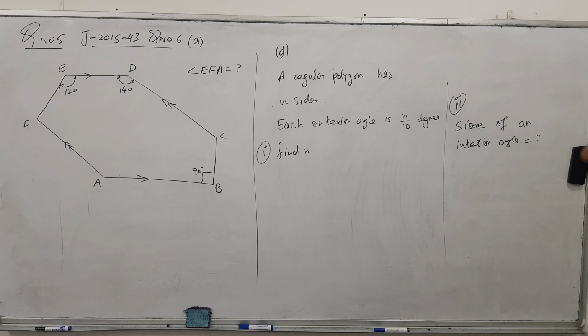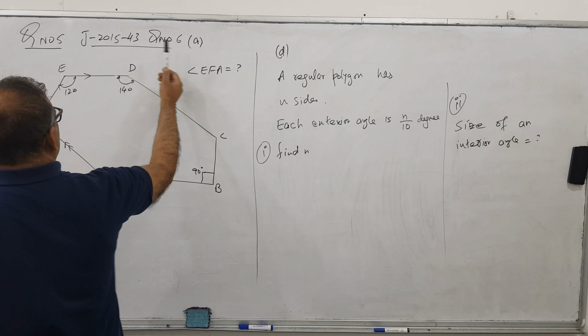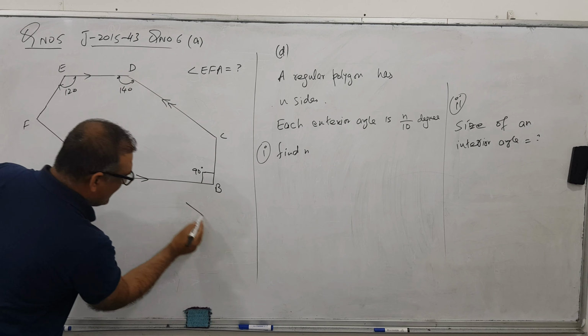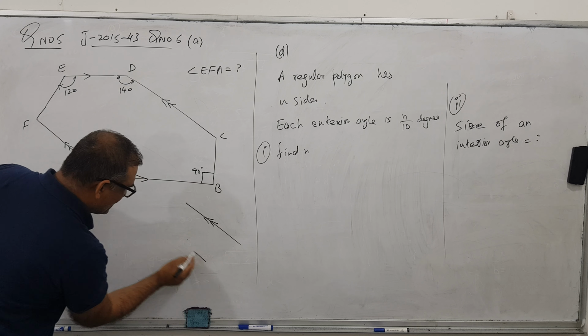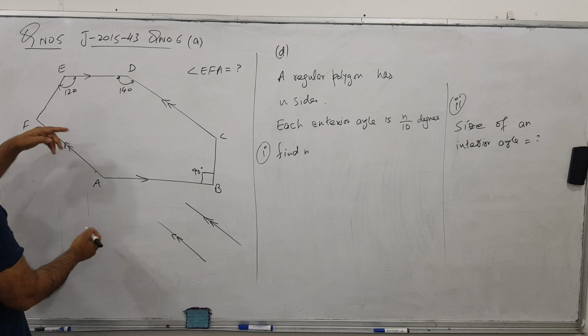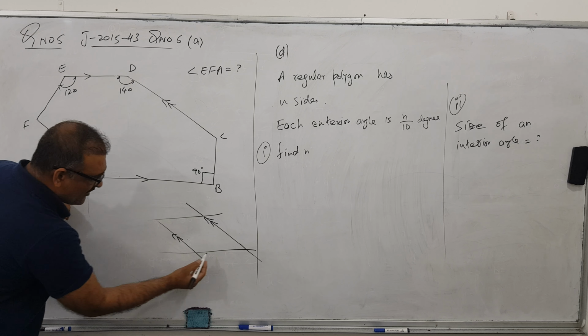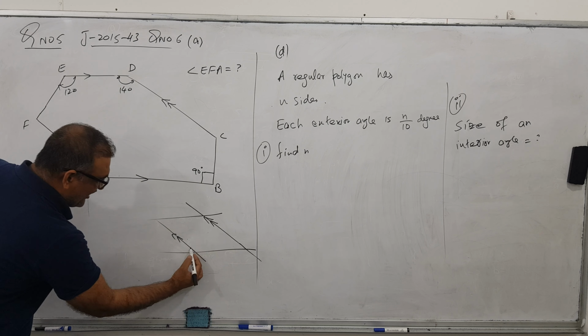Okay, students, this is a June 1543 question 6 we have. Again, same story to the students: whenever there is, for example, this double arrow here, and a line makes an angle with it, what is the angle between them?